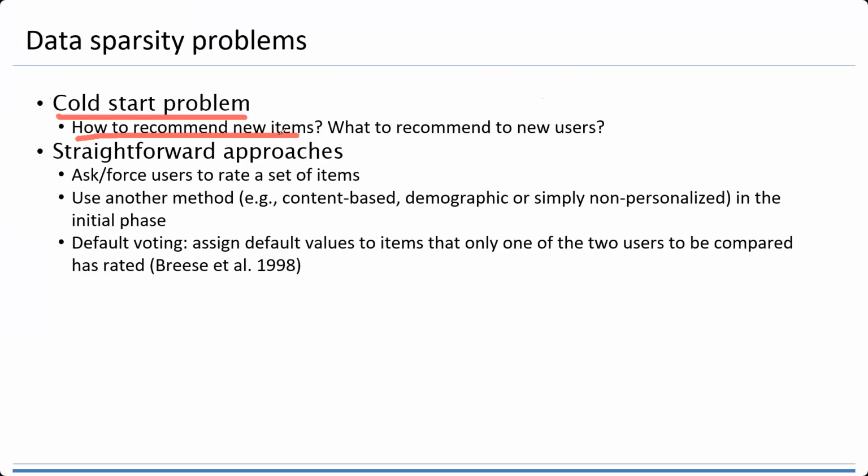If they do not have your profile, they cannot recommend items. That's the way to deal with the cold start problem. They will have some straightforward approaches. What is this? Ask or force users to rate a set of items.